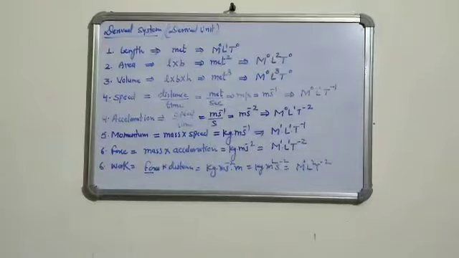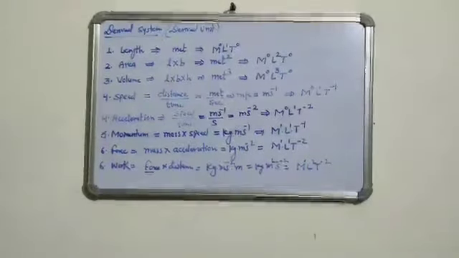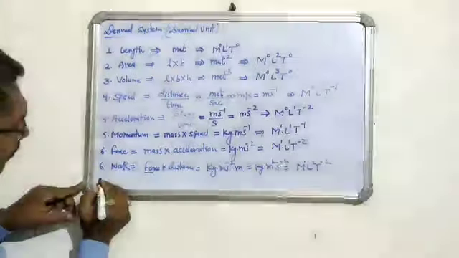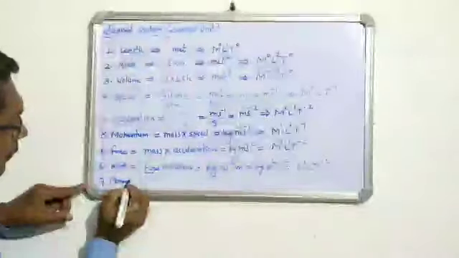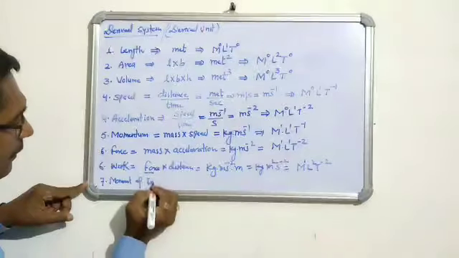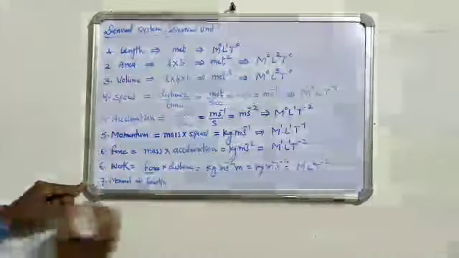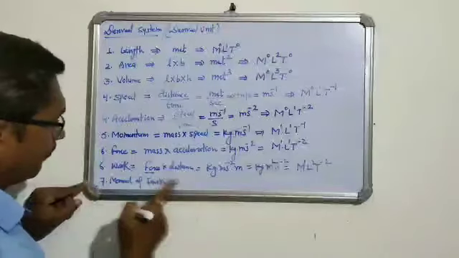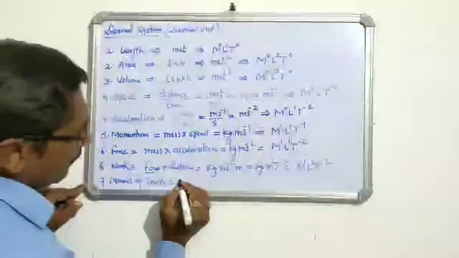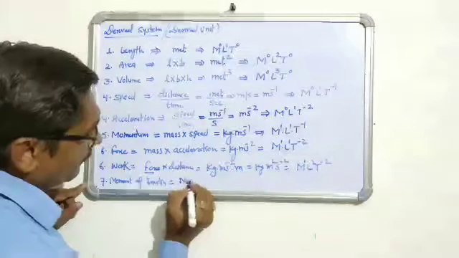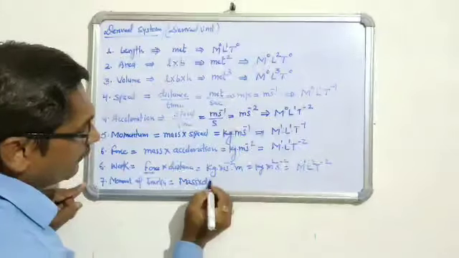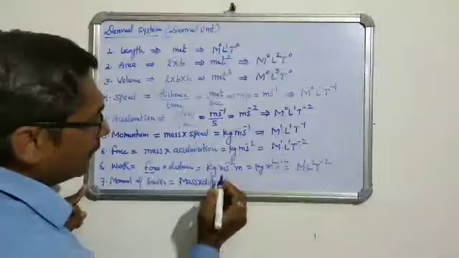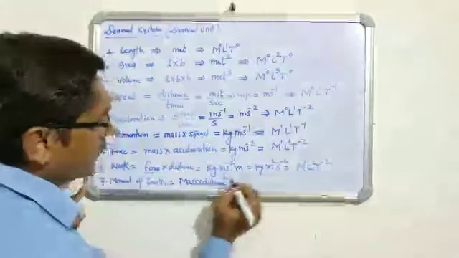And next, suppose another case is moment of inertia. Moment of inertia is equal to mass into distance square.